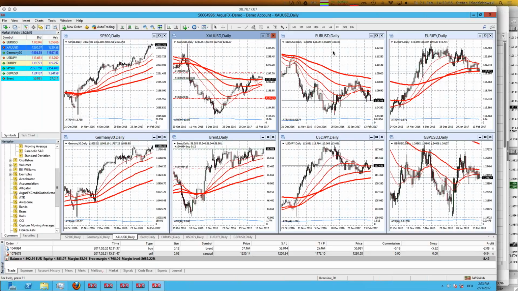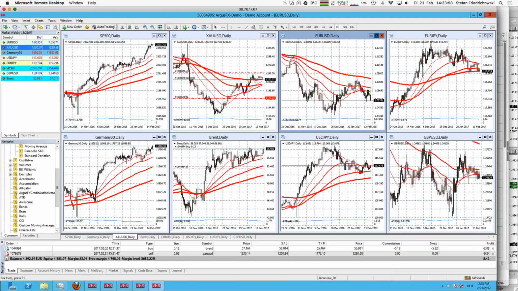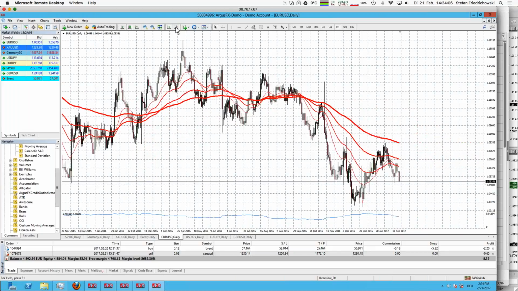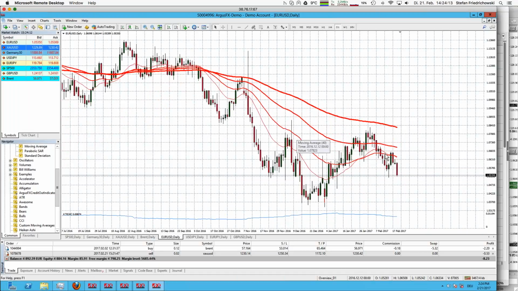So let's look to the euro-US dollar next, because it looks in principle quite okay. But let's have a closer view here within the chart, and then you can see the best chance is already a little bit too late.